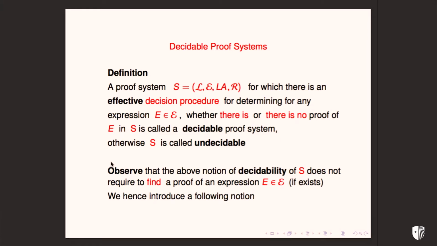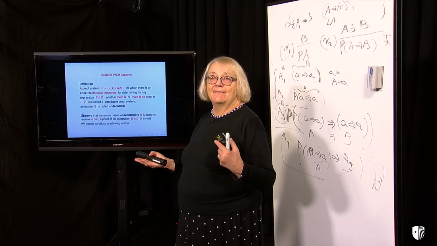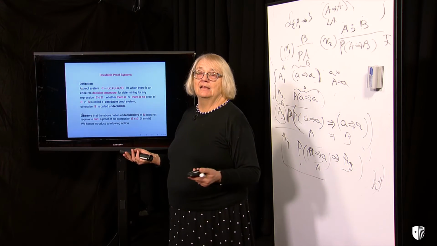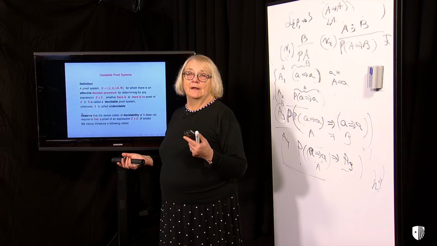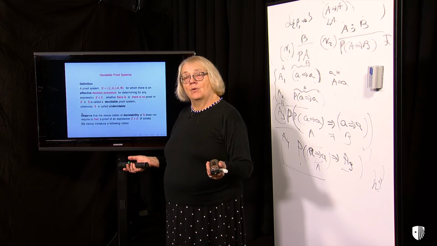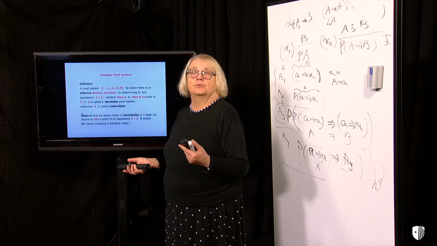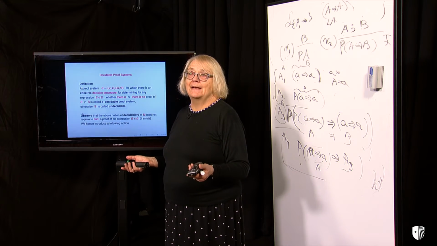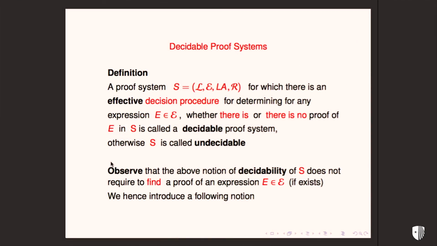For example, when you take propositional tautologies, I can semantically decide if a formula is a tautology or not. And now I have a complete proof system for classical logic.